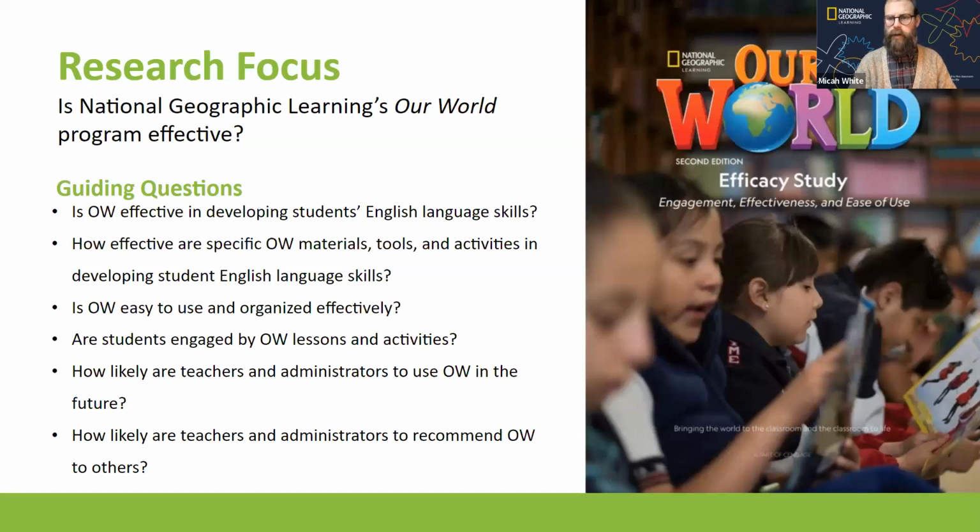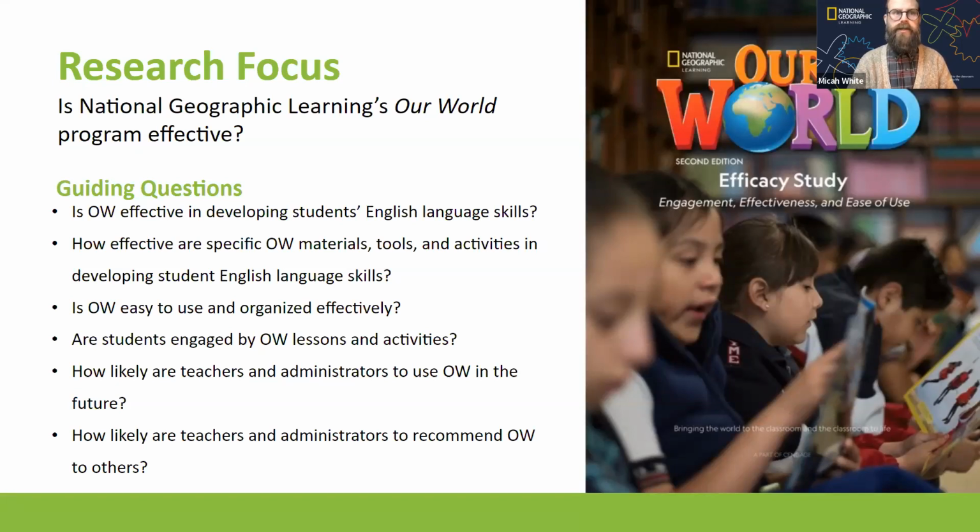So SEG Measurement approached this research with one high-level overarching question: is National Geographic Learning's Our World, second edition, effective? Now that's a big question, and so to answer it, they asked many other guiding questions to teachers and administrators, and also students and parents.